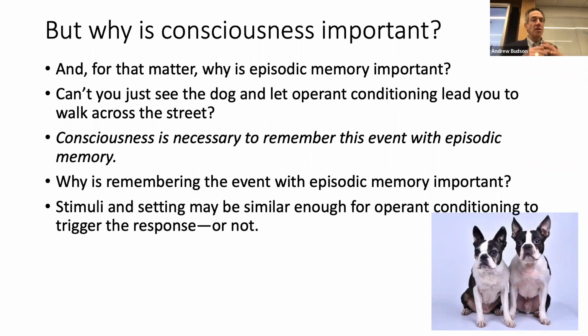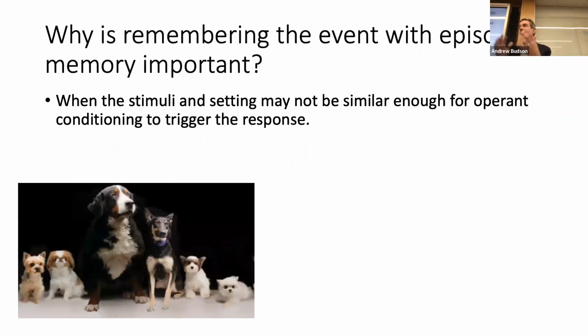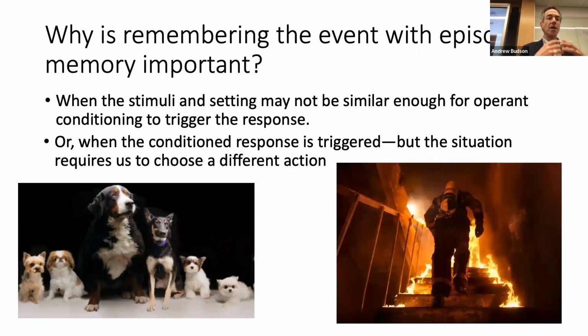Well, the stimulus and the setting may be similar enough for operant conditioning to trigger the response, but maybe it's not similar enough for the operant conditioning to trigger the response. Or maybe the conditioned response is triggered, but the situation requires us to choose a different action, one that was not part of our conditioning.